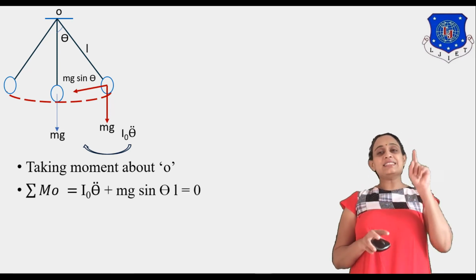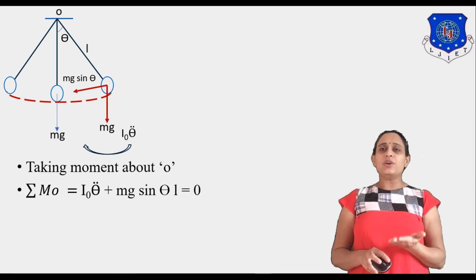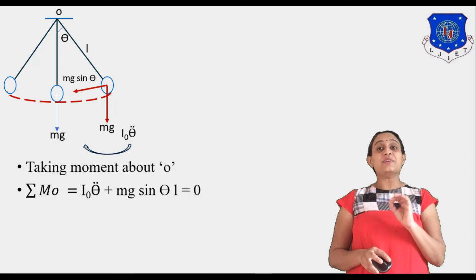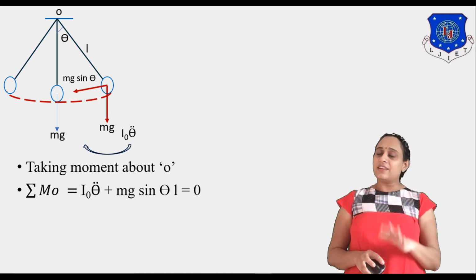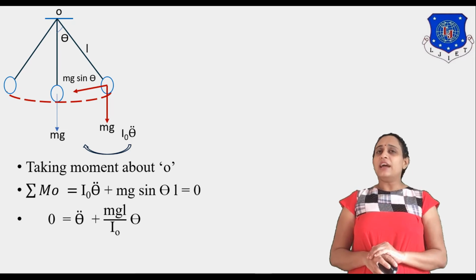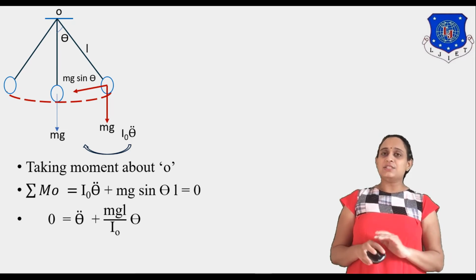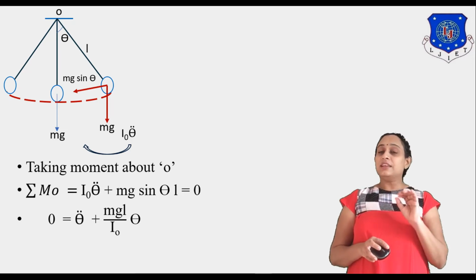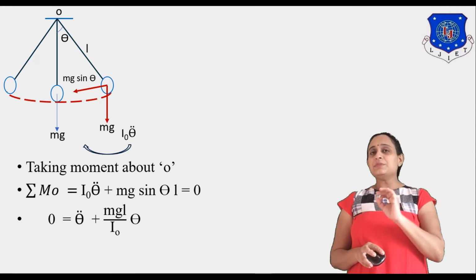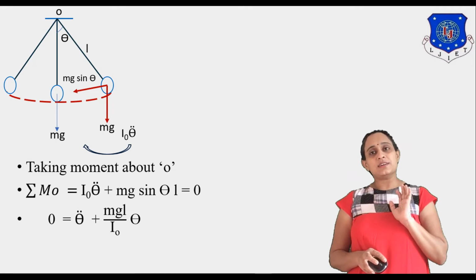What is L? It is the total length. Now, because it is vibration, the angle is very small. Hence, we can write theta instead of sin theta. If we divide by I0, we get 0 is equal to theta double dot plus mgl upon I0 times theta.